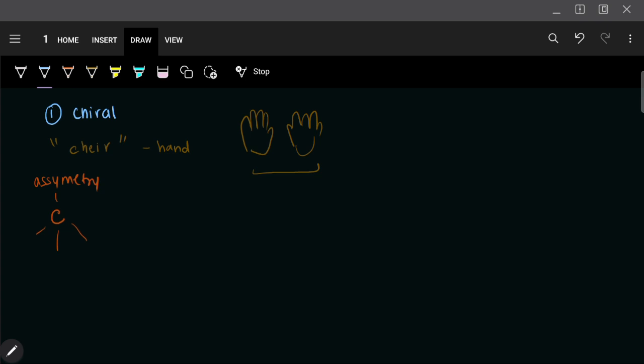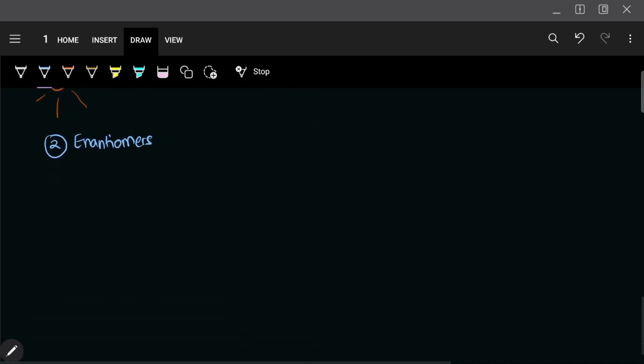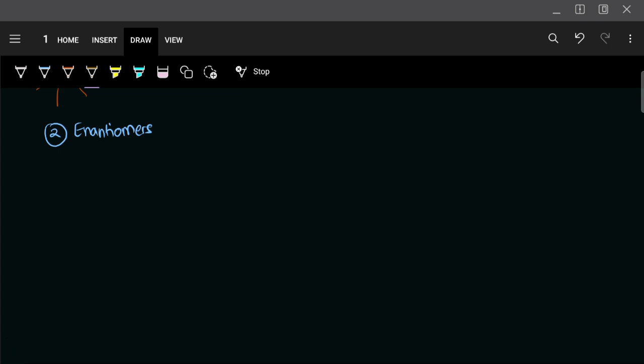The next term is enantiomers. This is an optically active compound. Okay, this is going to rotate the plane. So when polarized light interacts with it, it rotates that light. Either it will rotate it to the left or it will rotate it to the right.